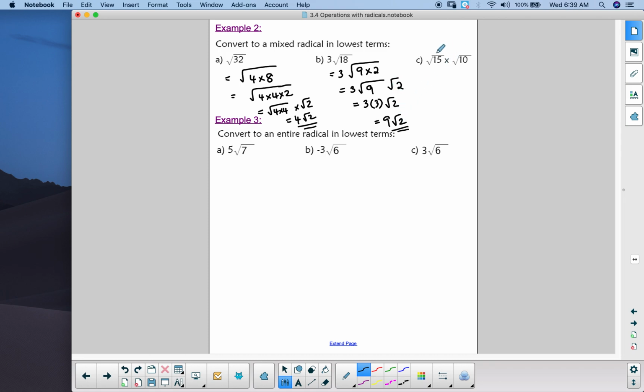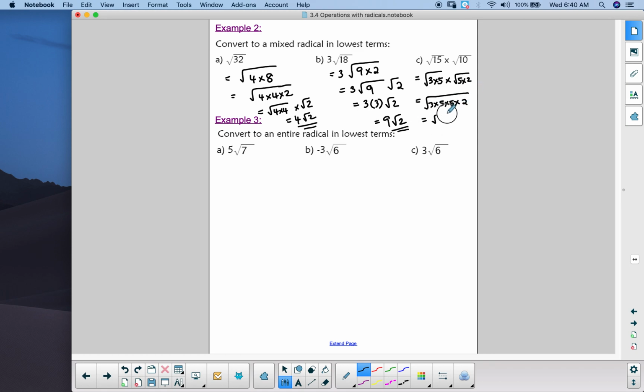And we'll try this one here, square root of 15 times square root of 10. So let's rewrite 15 as the product of 3 times 5, and 10 as the product of 5 times 2. And I can bring them all under one radical, right? I can write this as the same as 3 times 5 times 5 times 2.